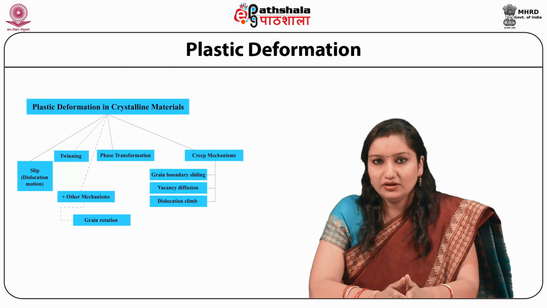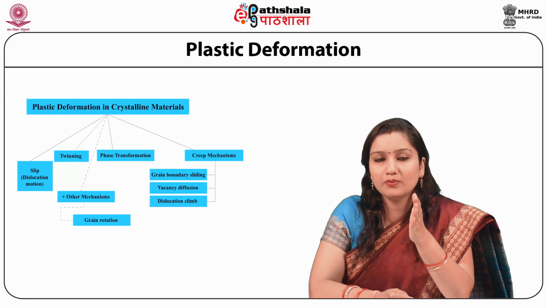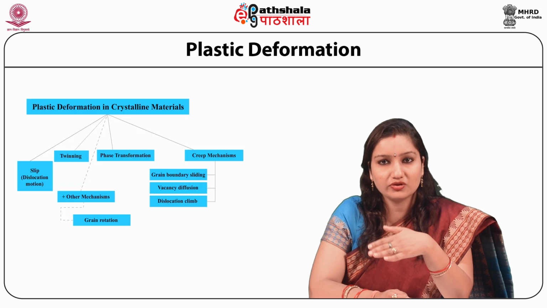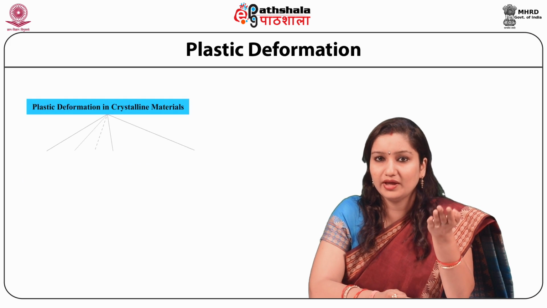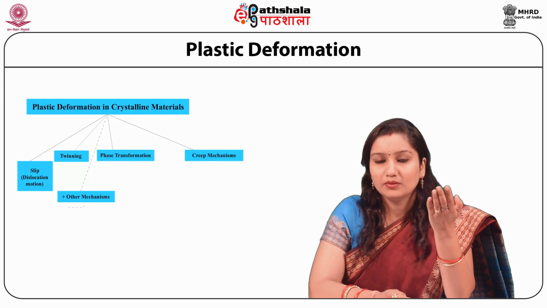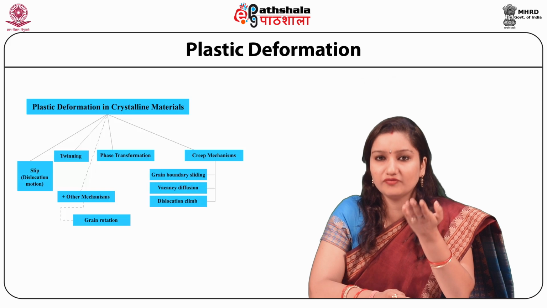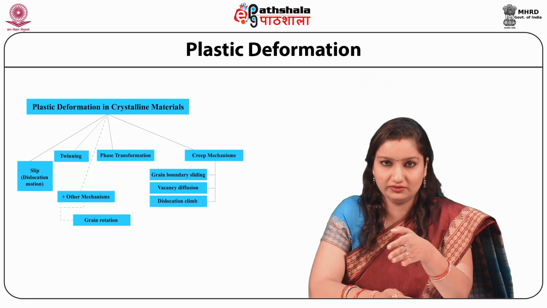Though plasticity by slip is the most important mechanism of plastic deformation, there are other mechanisms as well. Plastic deformation here means permanent deformation in the absence of external constraints.